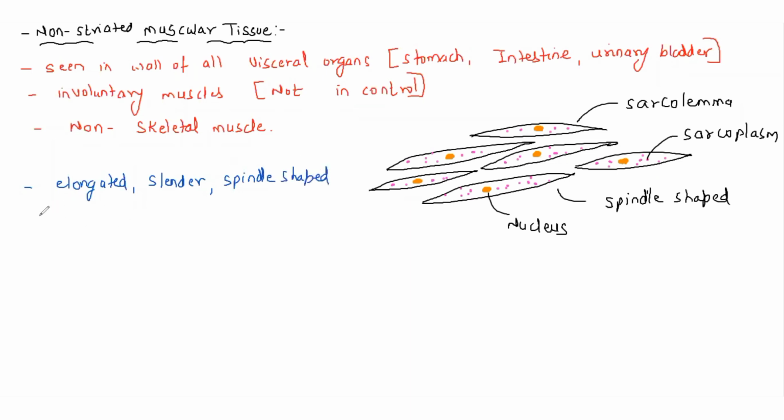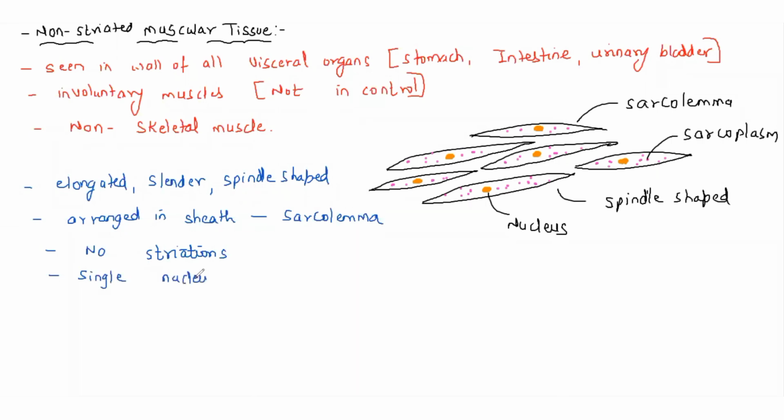The next part is all the cells are arranged in sheaths, and this sheath is bounded by the sarcolemma, that is the outermost covering. Here no striations means the alternate dark and light bands are absent. You will not see any kind of striations here. And most important, a single nucleus is present.